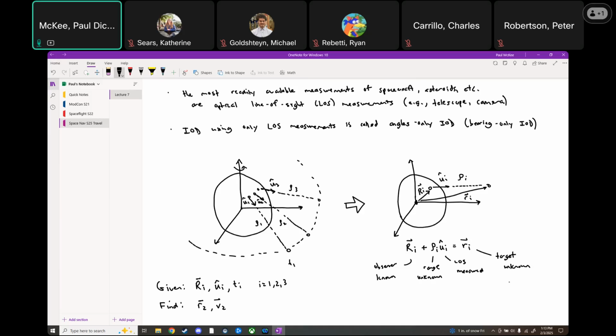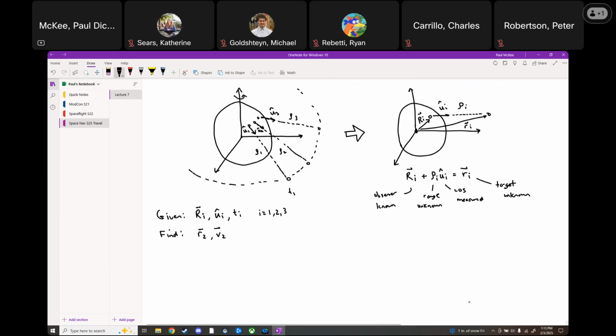Okay. Questions about the Gauss's method setup? Okay, so moving on. Also, it might be clear here, each measurement gives us 2 pieces of info. You could think of like azimuth and elevation.